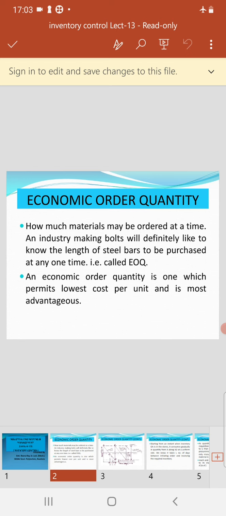So economic order quantity is one which permits the lowest cost per unit and is most advantageous.